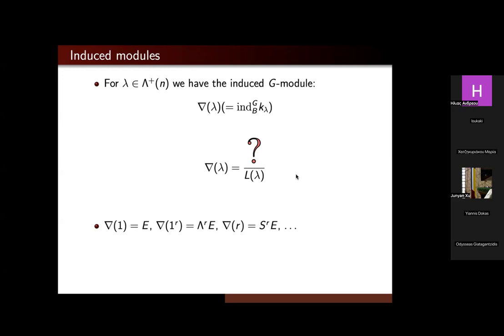Some classic induced models arise when you take the partition to be just one, the partition that has only one. That is the model of column vectors, meaning that you take just a column with n positions and you multiply with GLN from the left. This is your representation, and it's an induced model associated to partition one.